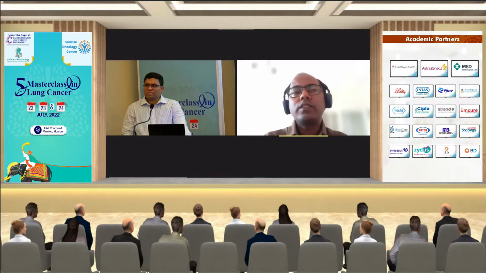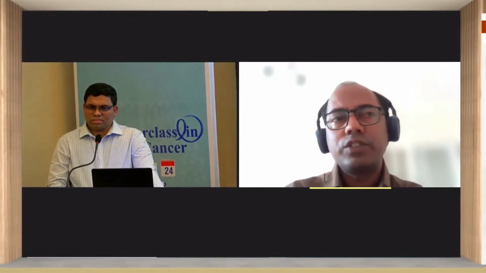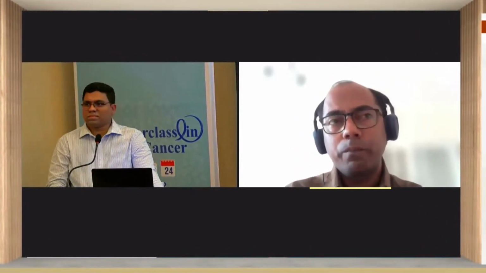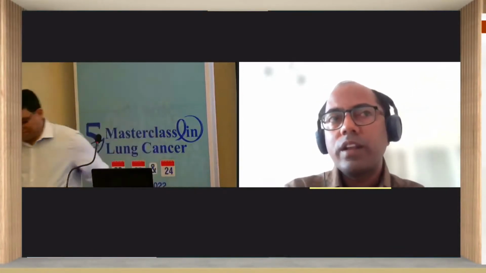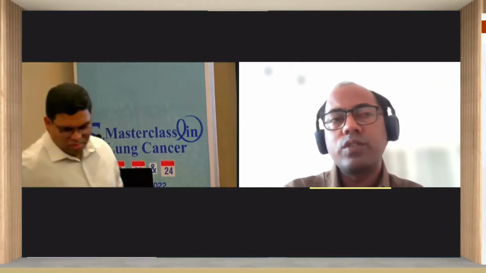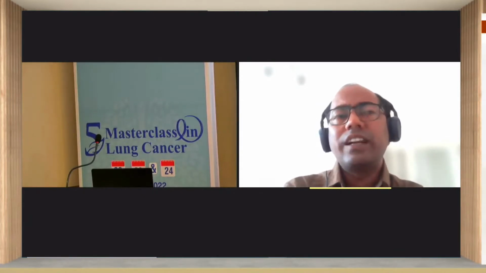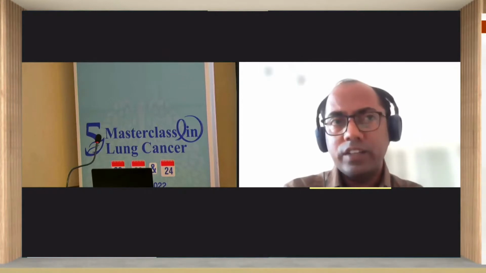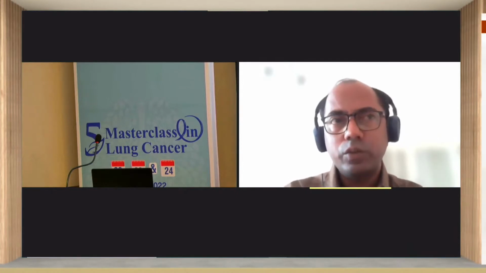The third part is the confidence interval, which is the reverse part of type 1 error. Power is the reverse part of the type 2 error, and the reverse part of type 1 error is the confidence interval. If you conduct a study with a high confidence interval, your type 1 error is going to be low, which means you are strengthening your study by taking a larger sample size.